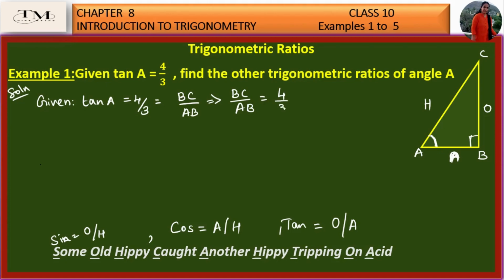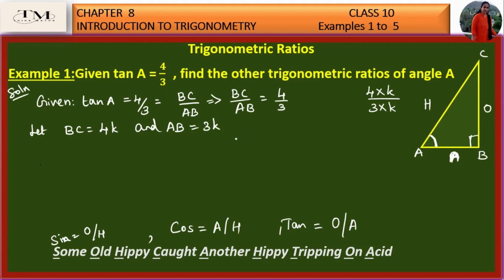Let us assume this ratio, because after simplifying we are getting 4 by 3, it can be of the form 4 into some value divided by 3 into some value. Let this value be K. So BC is equal to 4K and AB is equal to 3K.